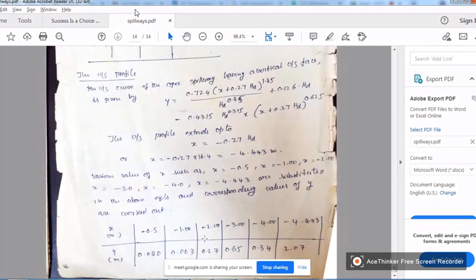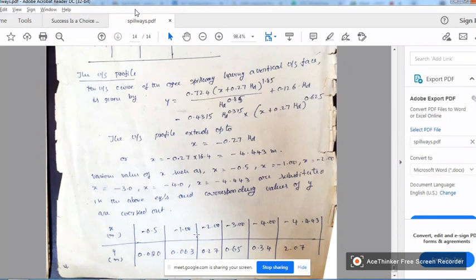So this is another coordinate system. Therefore for x equal to minus 0.5, x equal to minus 1, minus 2, up to 4.43.